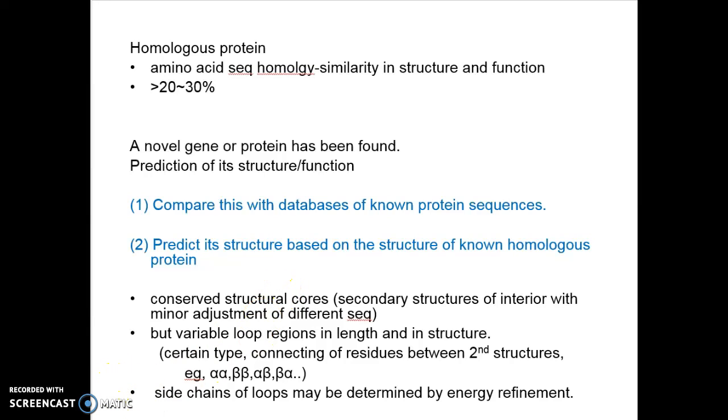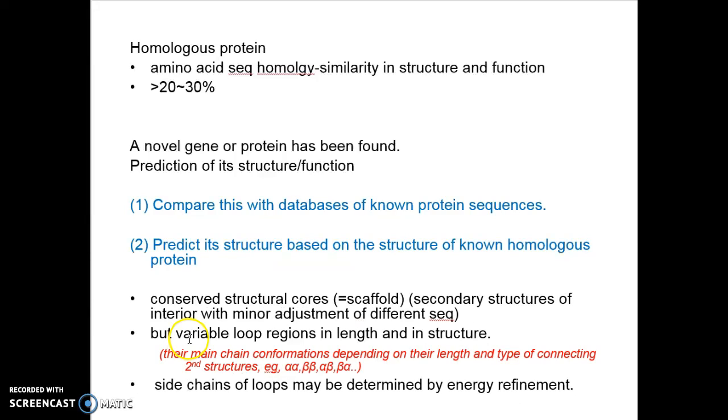And loop regions that connect the building blocks of a scaffold may vary considerably, both in length and in structure. Therefore, the major task in this area is to predict the structure of loop regions and side chain conformations.